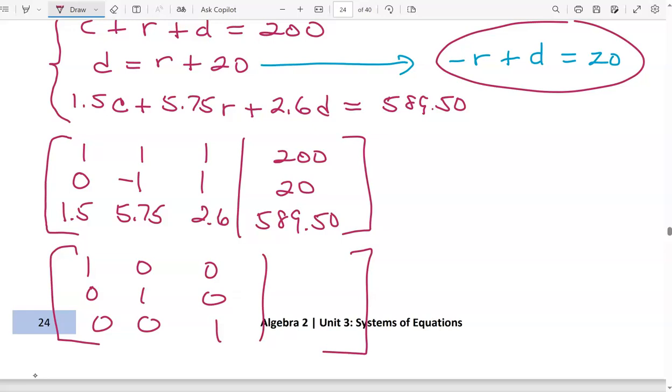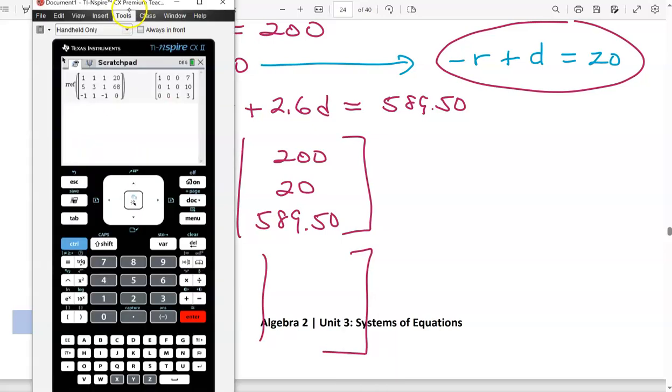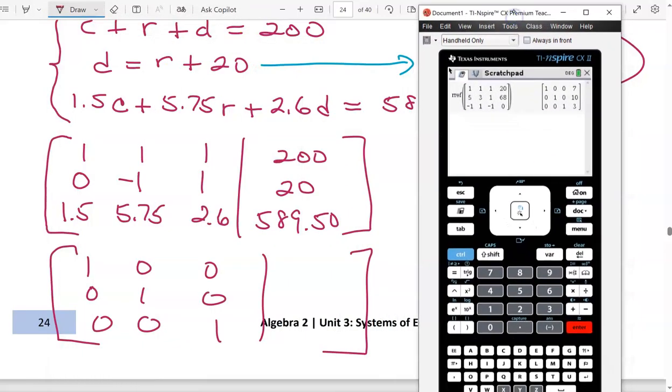And we already know what that left side of the matrix is going to look like. So let's let the calculator show us what the right side is going to look like. RREF for reduced row echelon form, open parentheses, and then enter the matrix in there. That will be a 3 by 4 matrix.